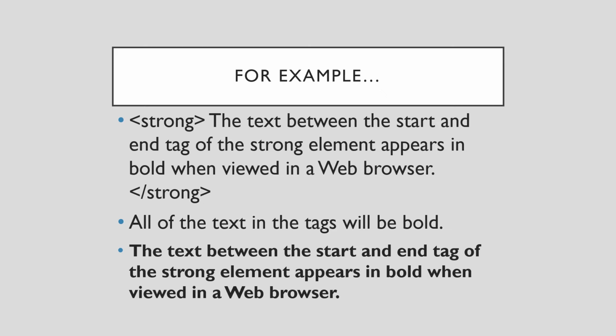So the tags help recognize what is being highlighted or what's being accented or what needs to be different. So as you see, because of that, it would show up in bold text on the web page because you used the strong tag.